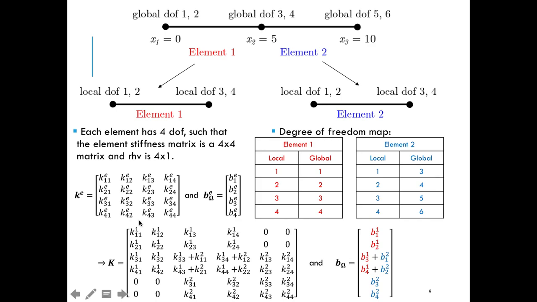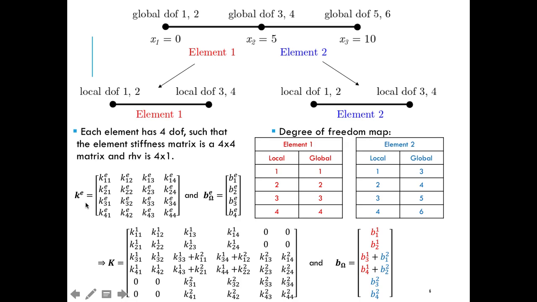Sorry, I did not write it down, but this is basically, let's check, 1 2 3 4 5 6, 1 2 3 4 5 6. Global K would then be 6 by 6, and the global right hand side vector, for now with only the body term written, will then be 6 by 1. Great. So once we know the ranks of all of them, then we can jump to writing them out.